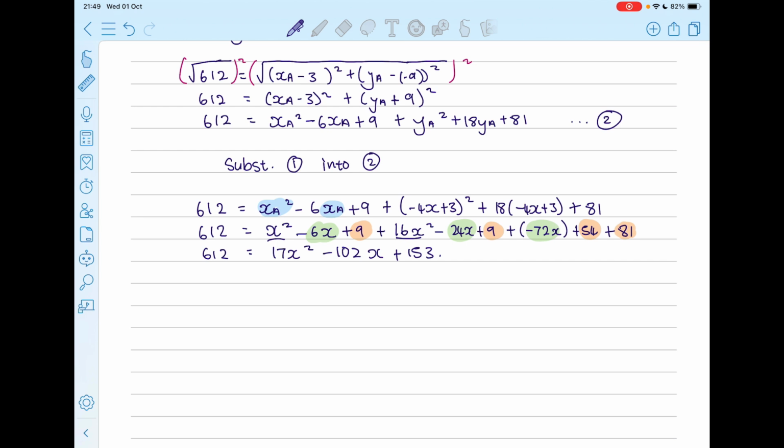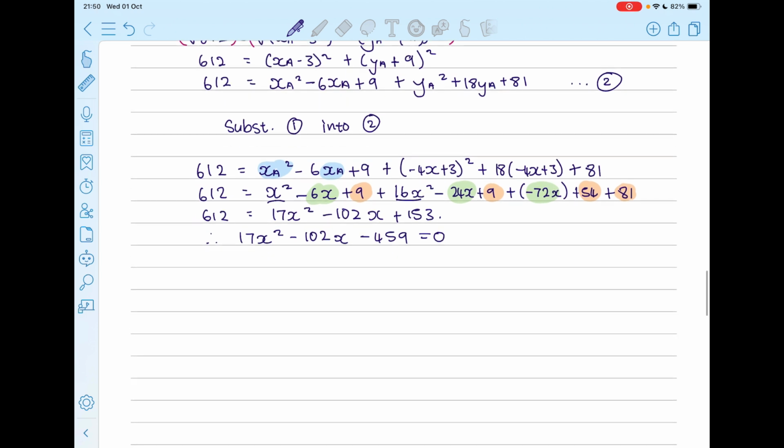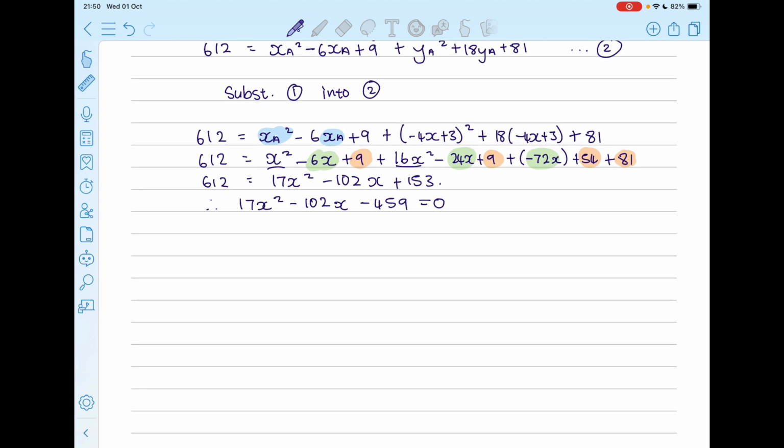Okay, now we can take the 612 to the other side. So now we've got 17x squared minus 102x, and then minus 459 being equal to 0, when we take 612 to the right, well, in this case, to the left. Now we just need to solve for x, and here we can use the quadratic formula, because some people probably can factorize this, not me.